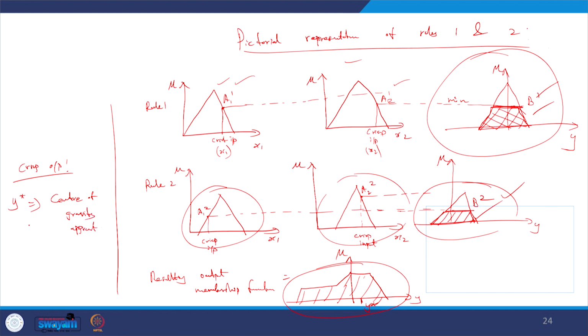By that you can obtain y star, which is coming out to be integral y mu of y dy upon integral mu of y dy. So, this is called center of gravity approach. By that we can get the final crisp output of this problem.